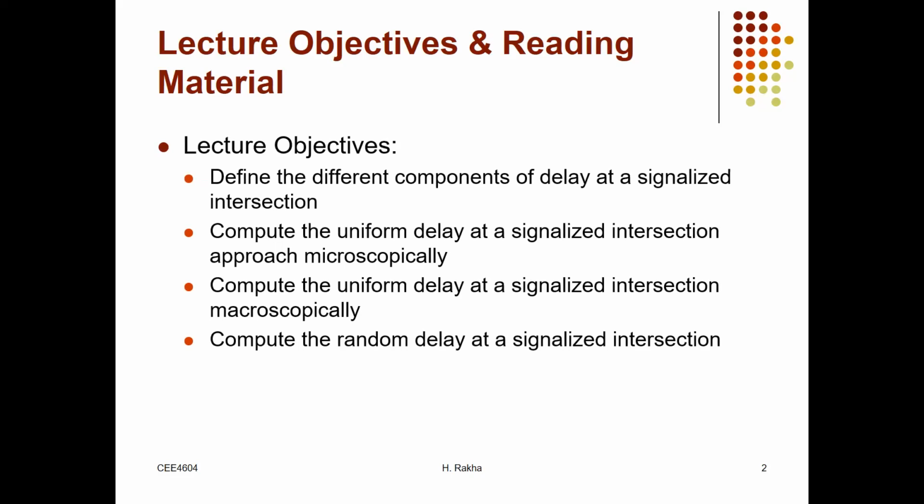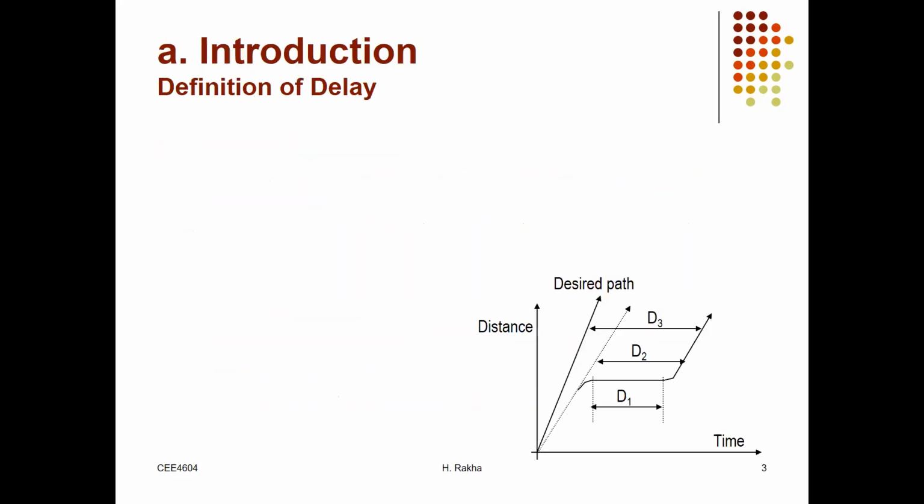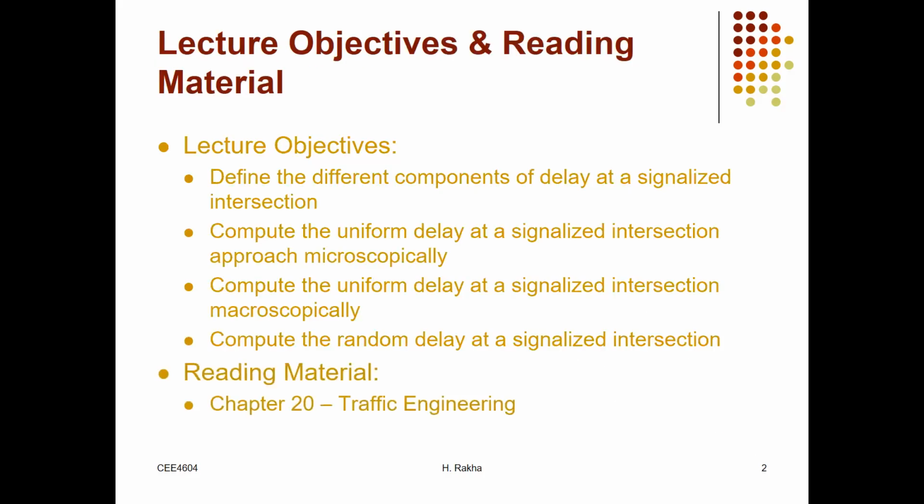And then we're going to compute another component of the delay, which is not uniform, called the random delay. This is the reading material, but the slides should cover everything. So the first question is, what is the definition of delay?